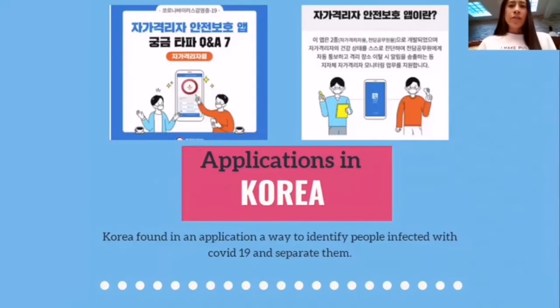Mobile applications were used as agile solutions to identify and control infected people within the country. With a small questionnaire, Korea implemented this strategy when it exceeded 1,000 cases of contagion.